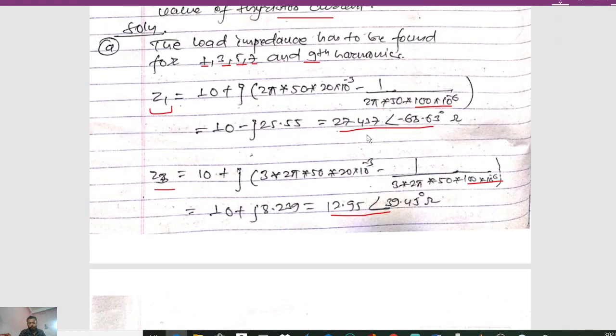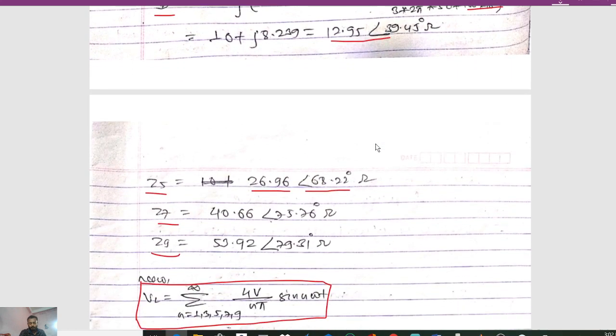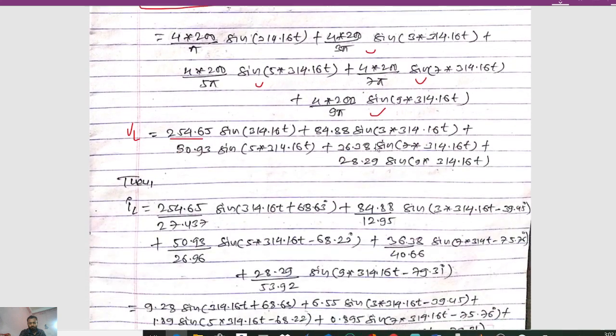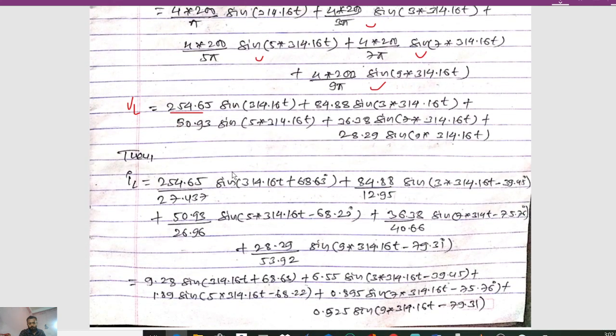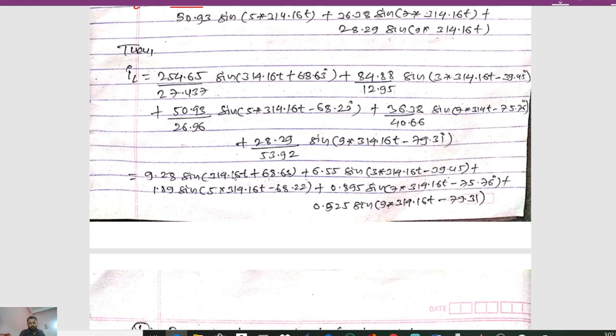Here you can see in Z1 the angle is minus 68, so right now it will be positive here. So here we have plus 68.63.